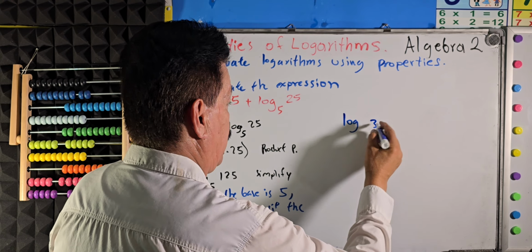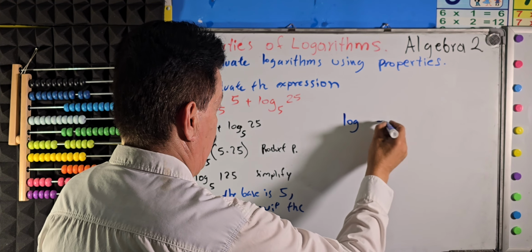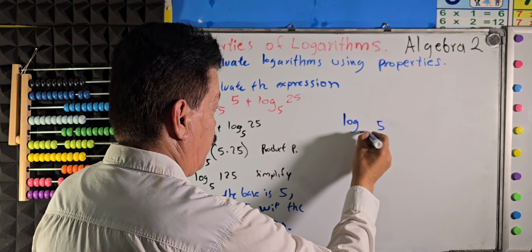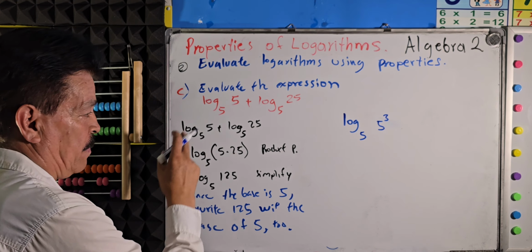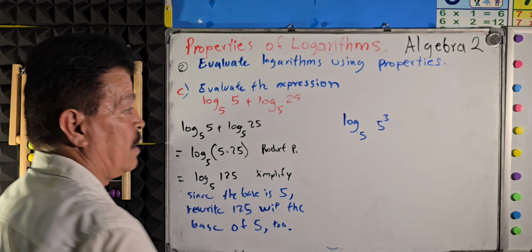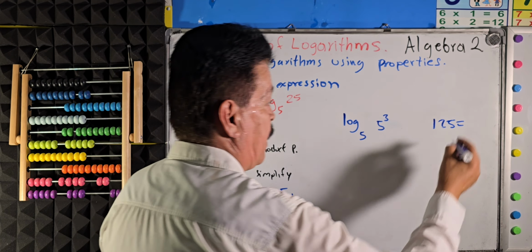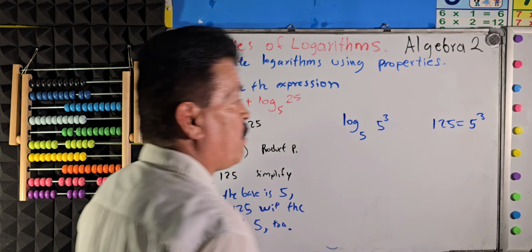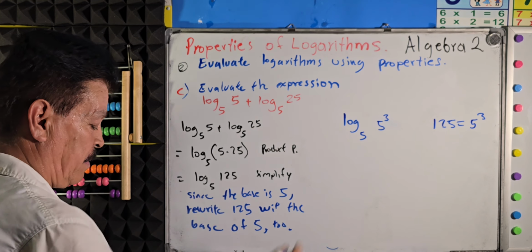Let's write 5 right here with the base 5, with the exponent 3. So it is the same. I mean, 125 is equal to 5 to the third power, right? This is what we're talking about right here, the second section.